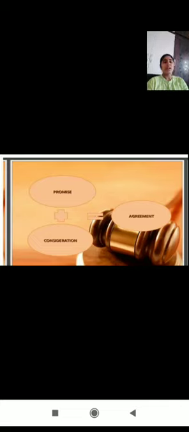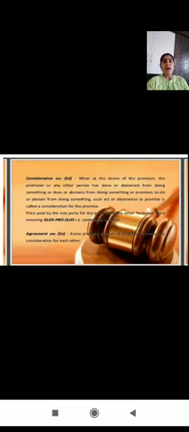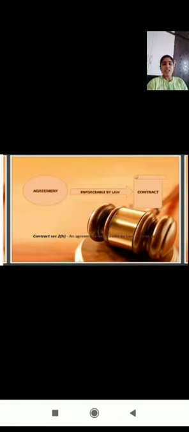We already discussed that promise plus consideration is equal to an agreement. Coming to our contract definition, a contract is an agreement which is enforceable by law. So agreement is completed, and next is enforceability.